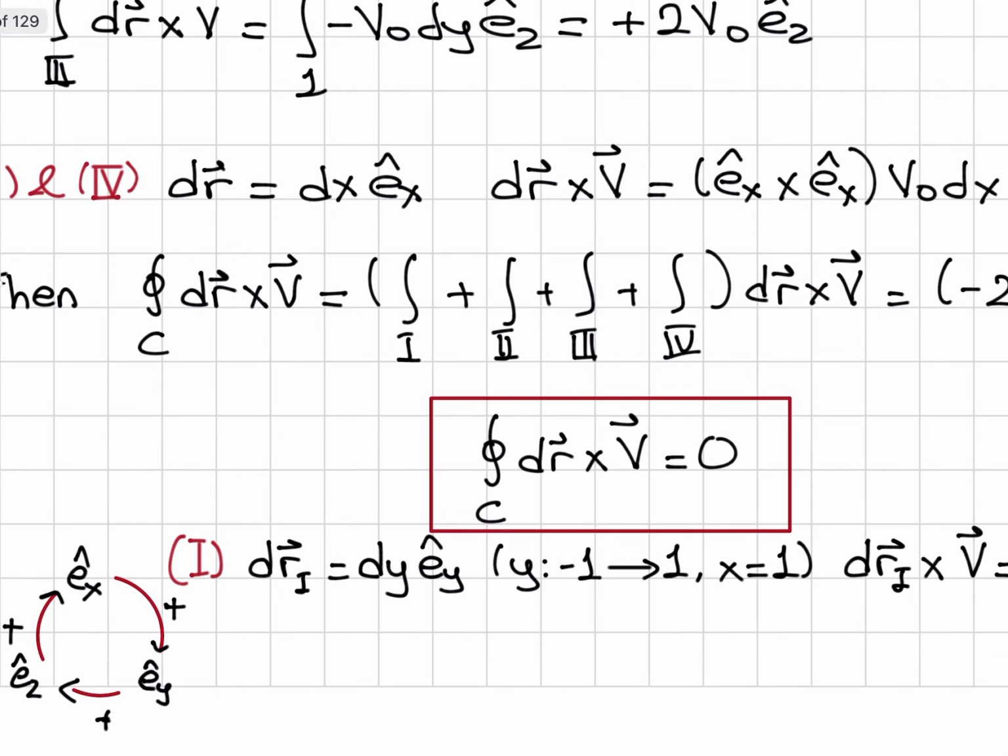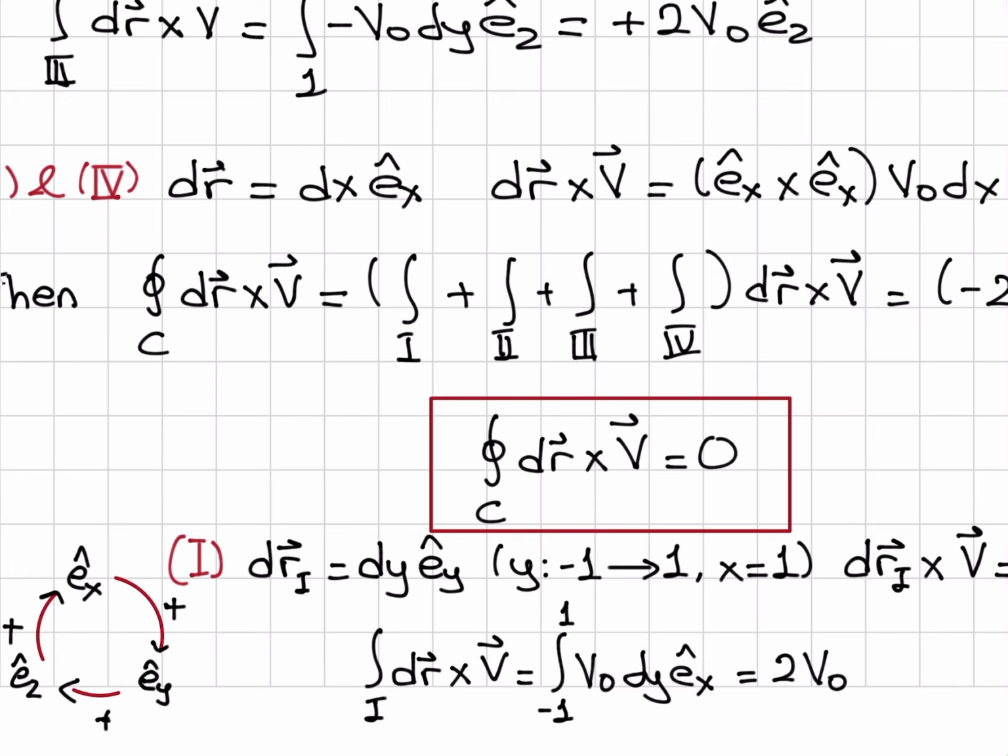Now we can write our integral on the first segment, dr cross product with vector v. This is the integral from y equals minus 1 to plus 1, v0 dy ex hat, and the integral will give us y, which is ranging from minus 1 to plus 1, so it is 2 v0 ex hat.